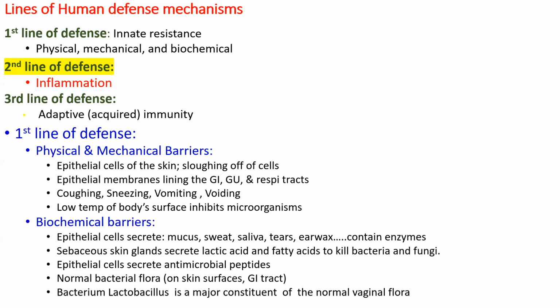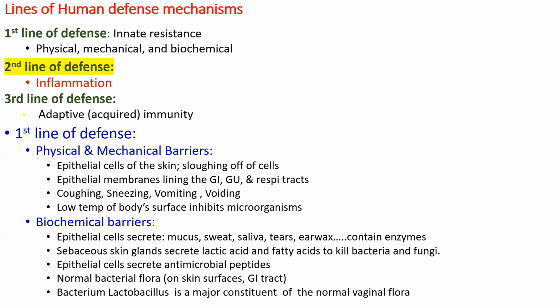If we look at the three steps or lines of defense, we will find that the first line of defense is the innate resistance, either physical and mechanical barriers or biochemical barriers. I have different examples of both types.